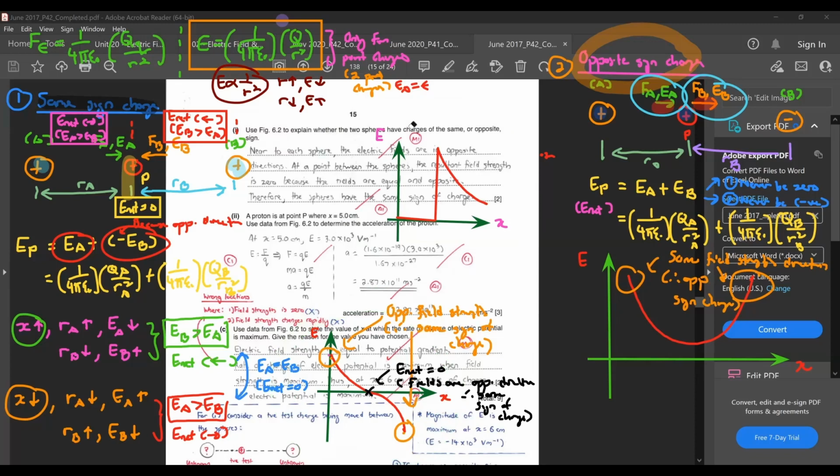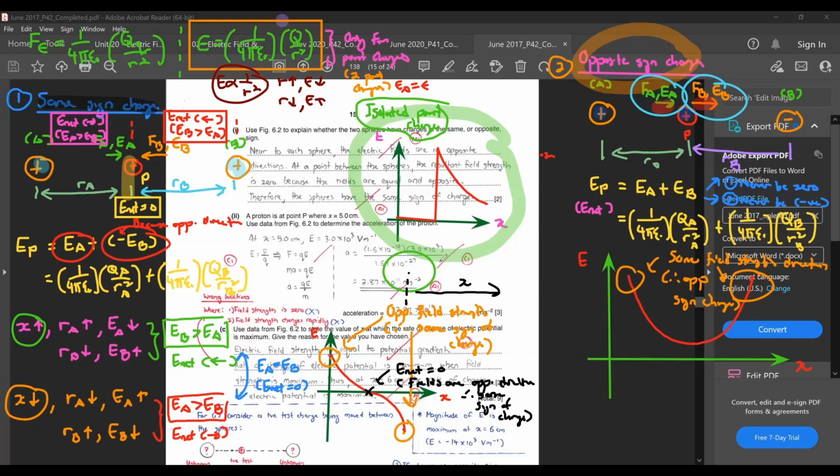This one is usually for an isolated point charge. Meaning to say, you have some sort of sphere like this, and then you measure your distance x from the center of the sphere.